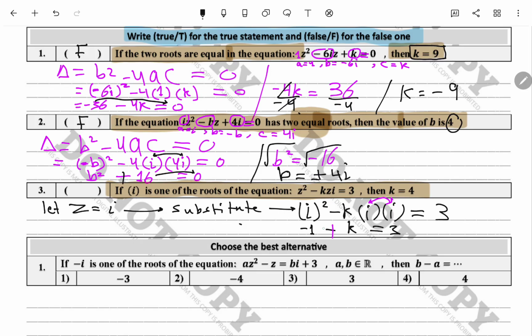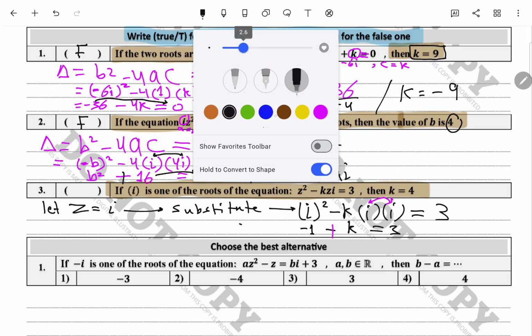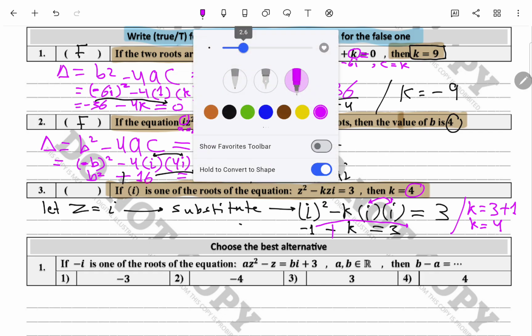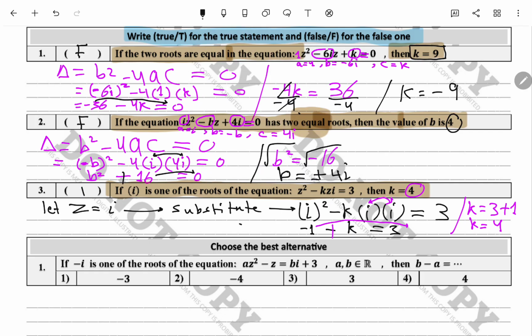I can move this negative to the other side, and that will change it to positive to be added to 3. So you can say that k equals 3 plus 1. So k equals 4, which is similar to the answer that he gave you. So it is true. Any question?